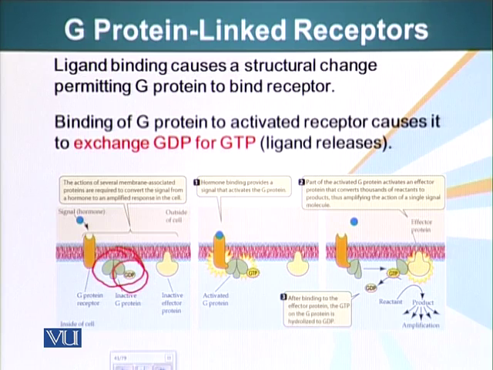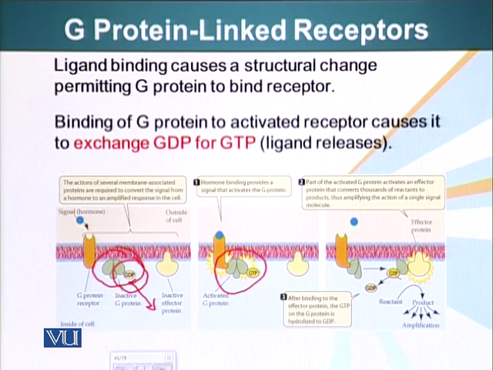It causes this G protein to get rid of its GDP, and since the concentration of GTP is several folds more than GDP, the probability is that this protein will bind a GTP. When that happens, the G protein is now activated.